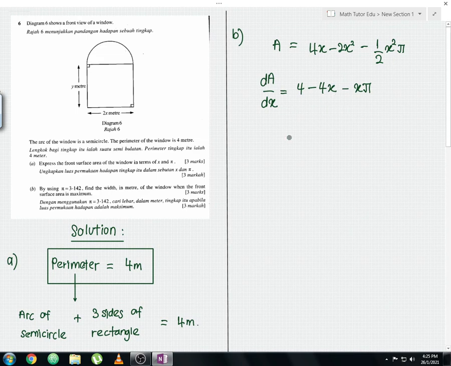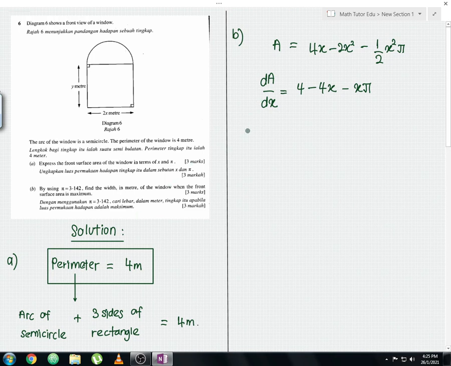To find the surface area is maximum, you need to set your dA over dx equal to 0. This concept is similar to finding the maximum point, where you set your turning point where dy over dx is equal to 0. Just a recall, guys, from the differentiation concept.